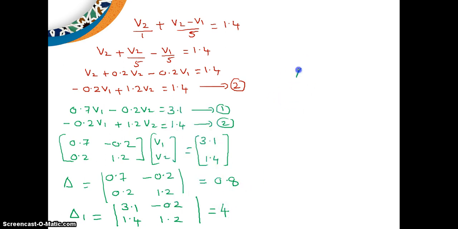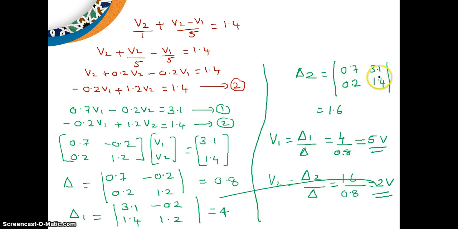Similarly, we calculate delta 2, replacing the second column by 3.1 and 1.4, so you get 1.6. Now V1 is delta 1 by delta, you get 5 volt, and V2 is delta 2 by delta, 1.6 by 0.8, it is 2 volt. Some cut came, but it is in the correct answer form.